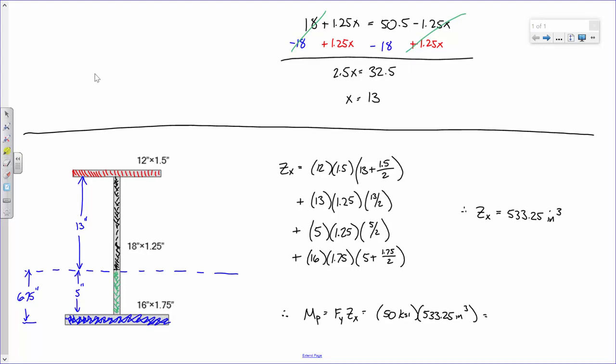What does that come out to be? 26,662.5. Okay, now what are the units? Inch kips. So if I wanted to convert that to foot kips, I would take this and divide it by what? 12. And so what is that divided by 12? We'll say 0.9 foot kips.